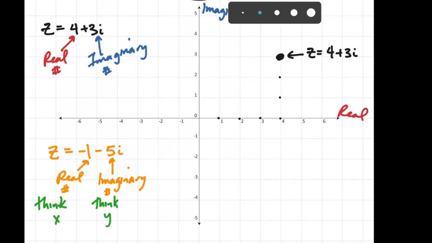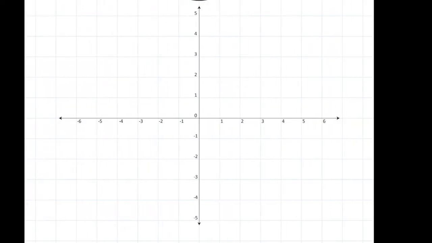So if I go -1 to the left, I go 5 down, this is my answer. Let's just try a couple more. So 2 minus i, so that's 2 to the right and 1 down, which is right here.